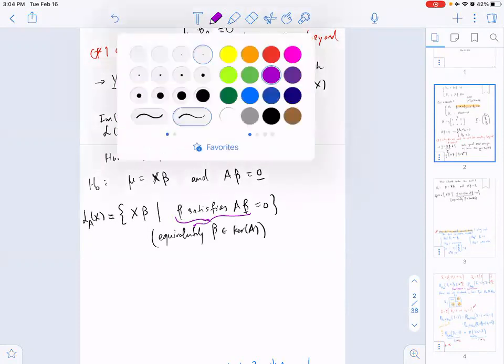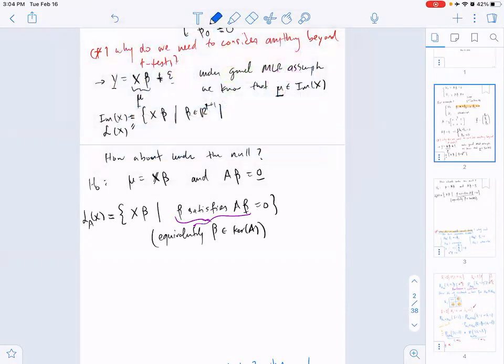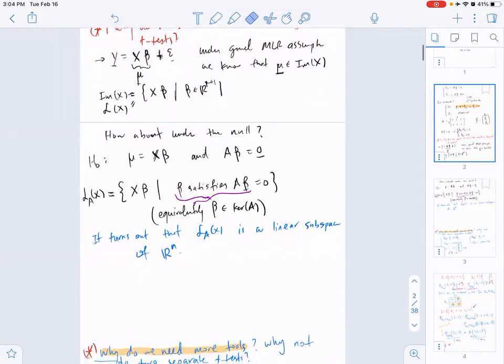It turns out that LA of X is a linear subspace, another linear subspace of R^n. Do people remember what a linear subspace was?